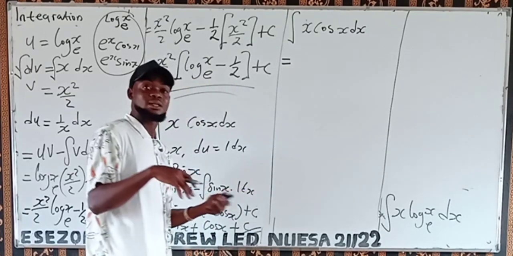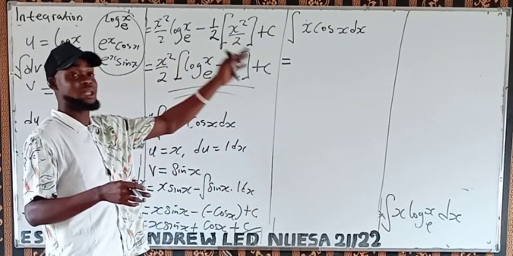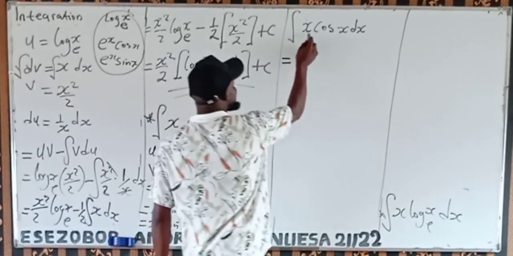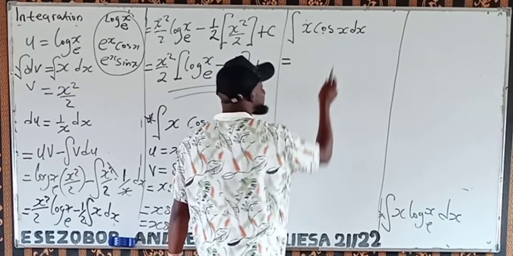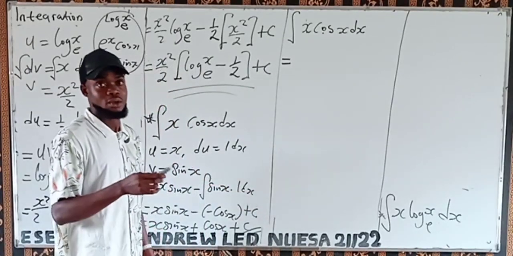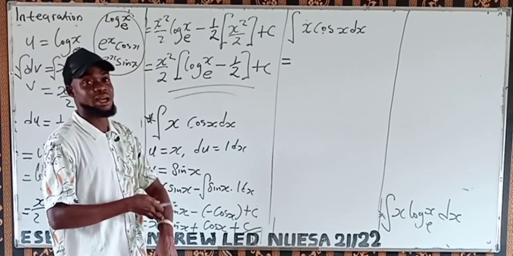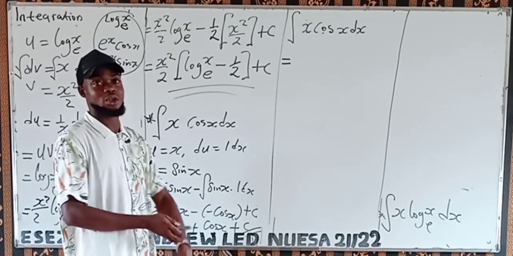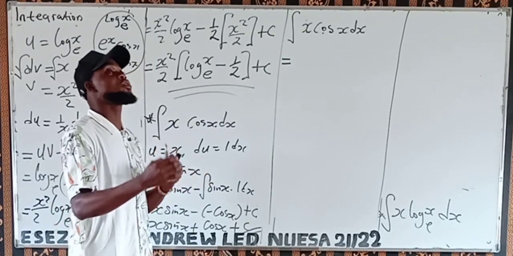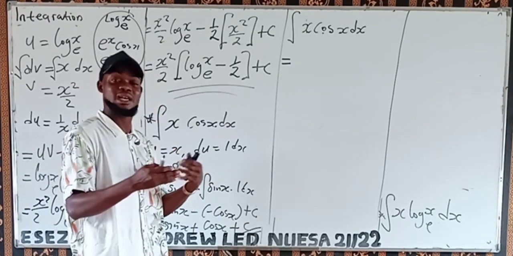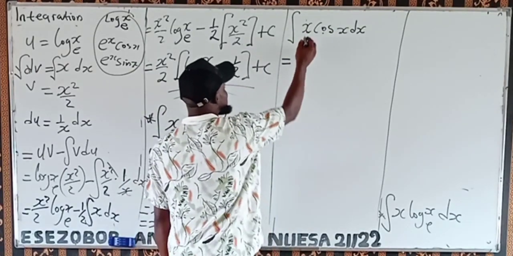Which one between x and cos x will be the u? Cos and sine can never be u. You only take either an exponential function, logarithmic function, or polynomial. If a logarithmic function is there, it is the first choice; if there's no log, you take x; if there's no x, you take the exponential function. So this one, we have x, so you just take this one as u.